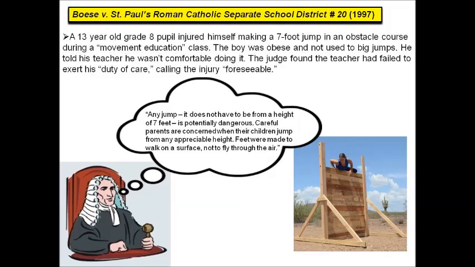So sometimes with these court cases, it seems to me, depending on which judge is ruling, they can interpret what a careful parent would do differently. Is that an overprotective parent? If I never let my own son or my own daughters jump from this distance or that height, or I say jumping is something we don't do because feet aren't meant to fly through the air.